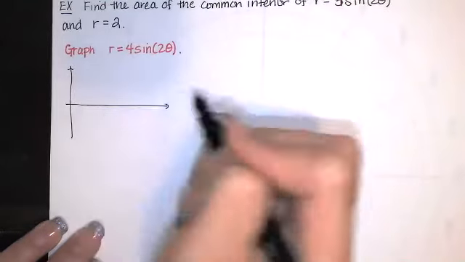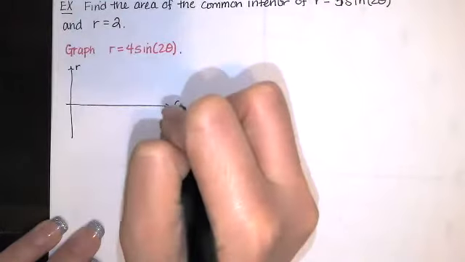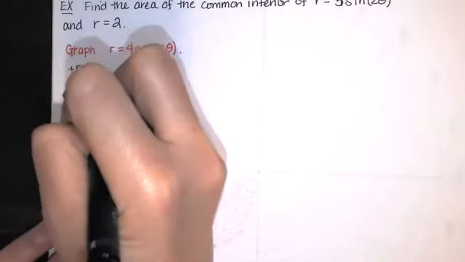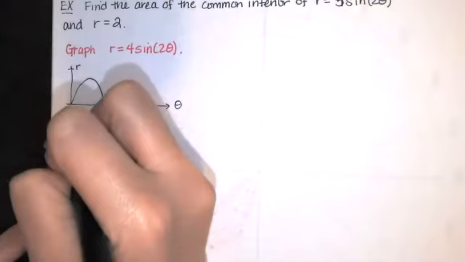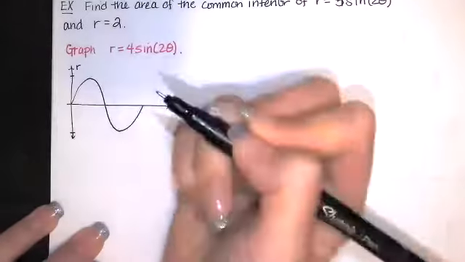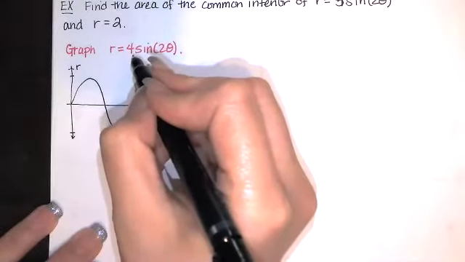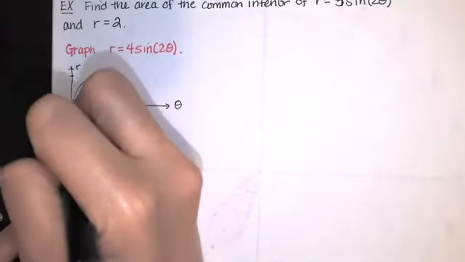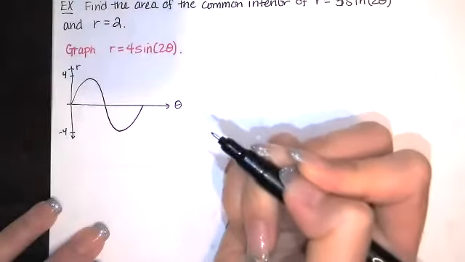So that's a sinusoidal function. Just looks like this. Now, instead of the amplitude being 1, like it typically is, we've multiplied this sine function by 4. So we go from -4 to 4.